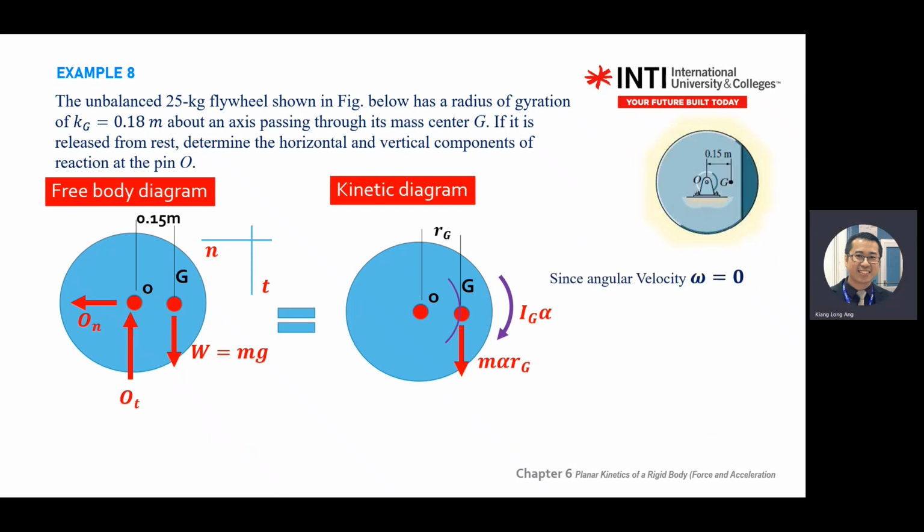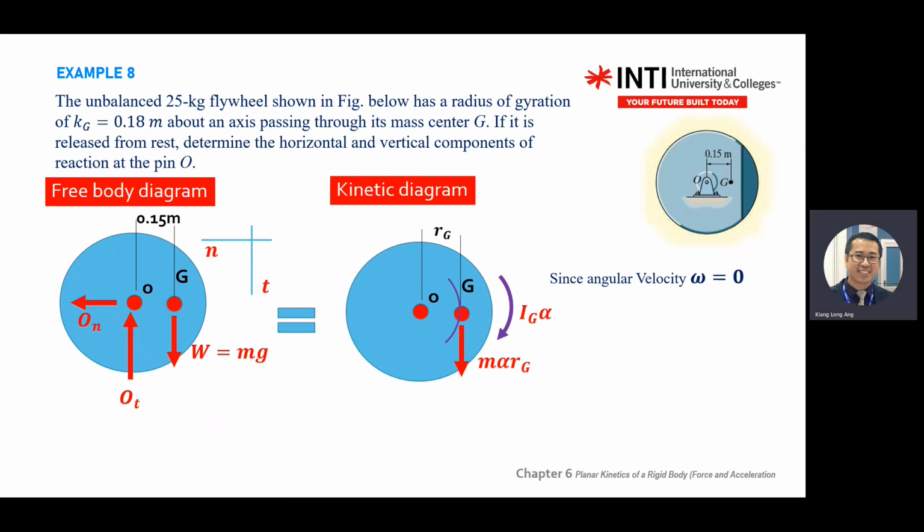So there are two things you need to consider now: the moment of inertia takes place beside the acceleration. So you need to add one more term, Ig alpha, that gives you the moment and the force as a result of your acceleration.